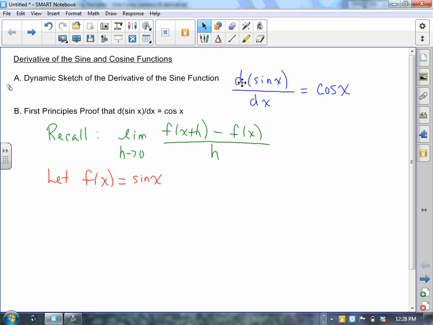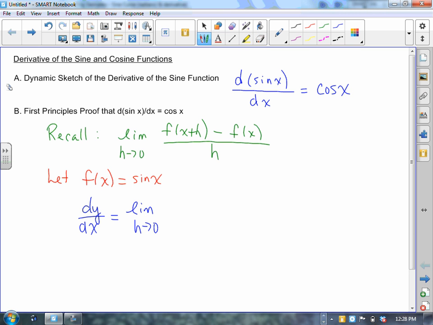So what we'll do is take this expression. That is to say, the derivative of y with respect to x is going to be the limit as h approaches 0. Here f at x plus h is going to end up being the sine of x plus h, minus f at x, which is sine x, all over h.